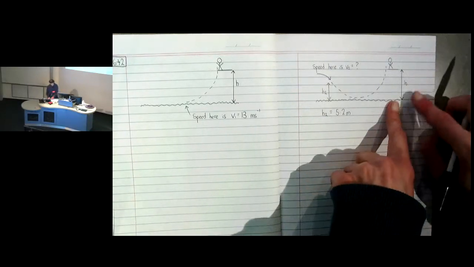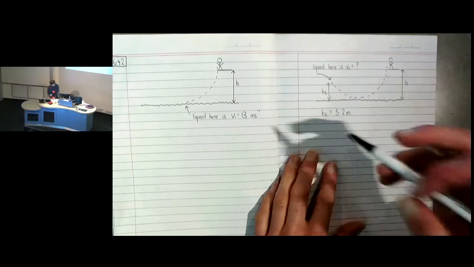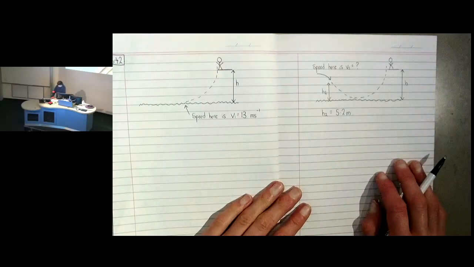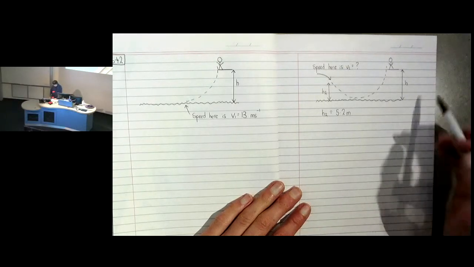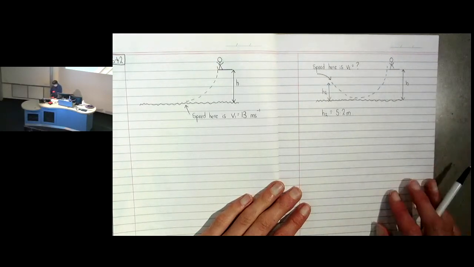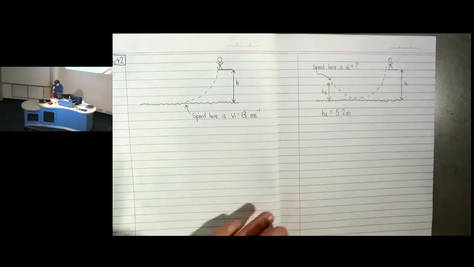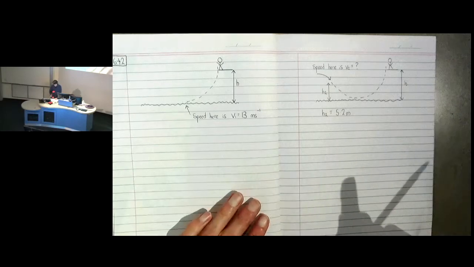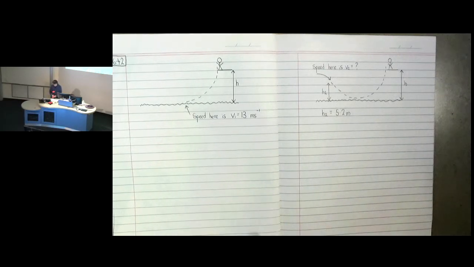So if we were going to do that over here, I think there are a couple of forces acting on this guy. One is gravity, obviously. There's also air resistance, but we're told to ignore that. The other force acting on him is the force that the vine applies to him.